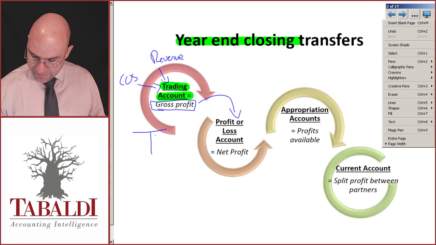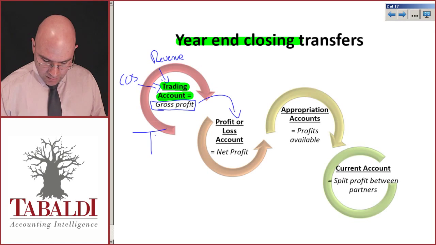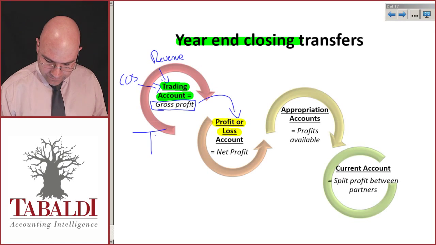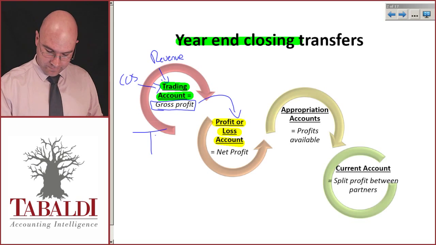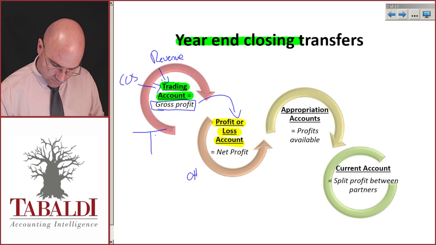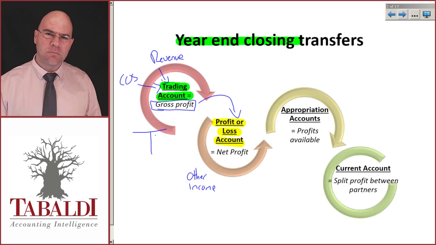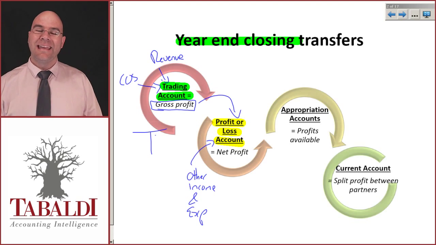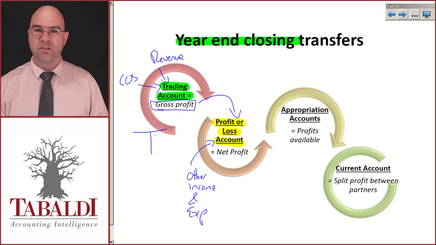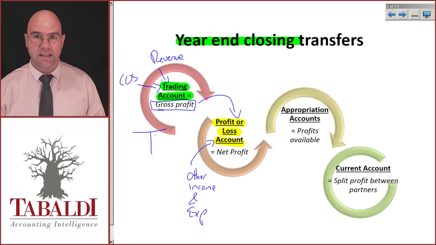Now, your profit or loss account, let me get a highlighter up again. Your profit or loss account, you will take all your other income and all your other expenses, your selling, admin, distribution expenses, and you're going to put those all together, okay, into the profit or loss account. So you'll clear each of those individual accounts out.